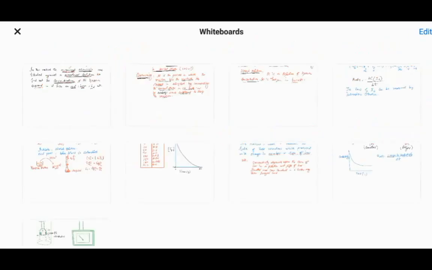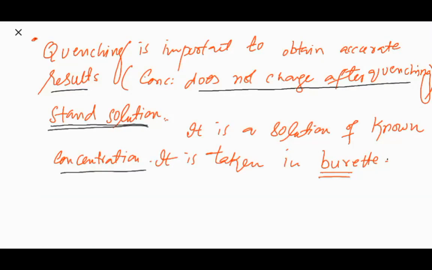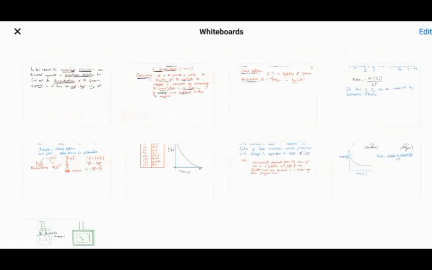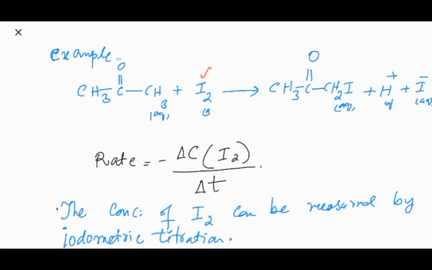Well, let us discuss this process with the help of an example. Look at this reaction. In this reaction, you can see a compound propanone, an organic compound, is treated with iodine in the presence of acid as a catalyst.